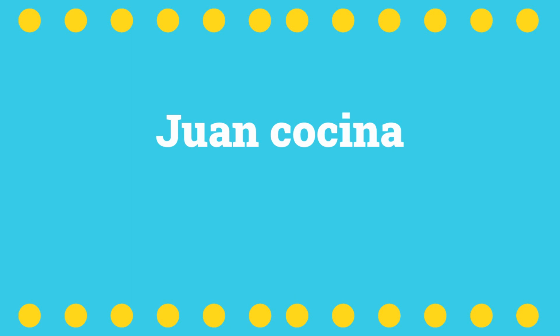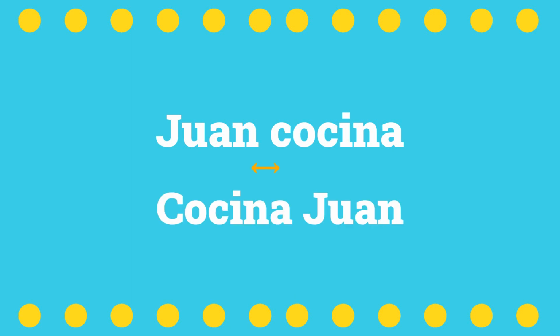Juan cocina is an affirmative sentence saying that Juan cooks. Now, if I want to make that sentence into a question, I simply switch the order of my subject and my verb. So it becomes cocina Juan. Very simple, right? But if I just simply say cocina Juan, it doesn't sound much like a question.